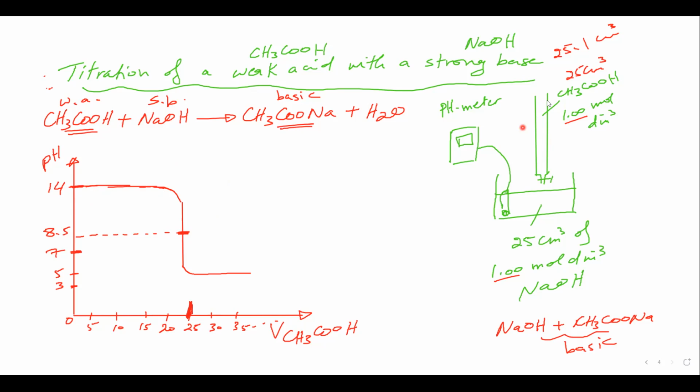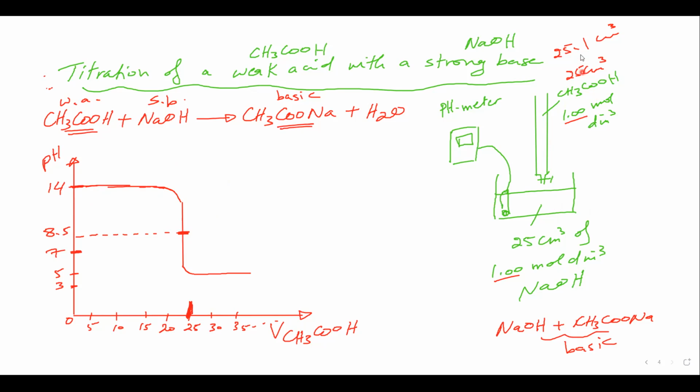As we are adding more and more of the ethanoic acid to the sodium hydroxide, until we reach 24.9 centimeter cube of the ethanoic acid, still the solution was alkaline. It was basic.